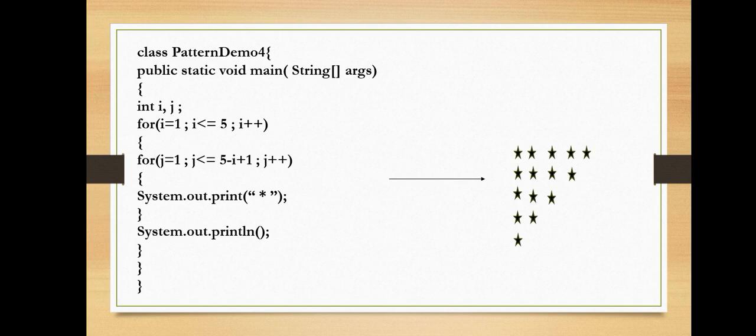If you write System.out.println there, then the stars are going to print line by line, that means row by row. So there you need to write only print.